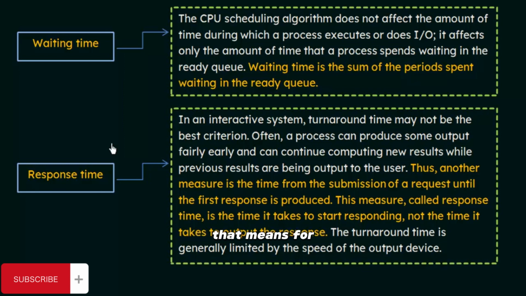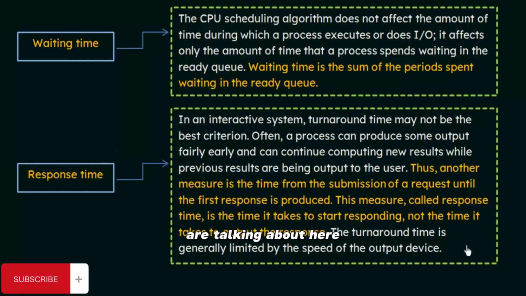That means for you to see the video on your screen, it takes a little bit of time. But when you click it, the process might already have run in the background. The process says, okay, open this video and show it to the user. The process is already executed, but it takes a slight delay for you to see that output on your screen.